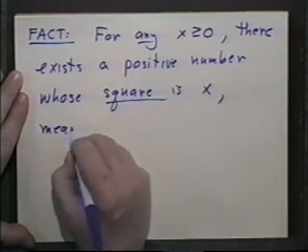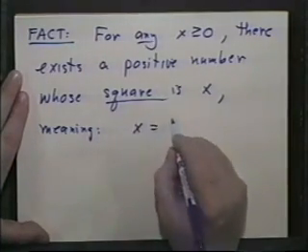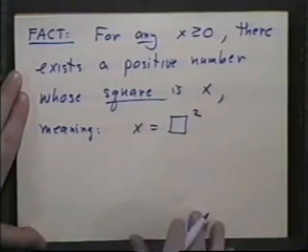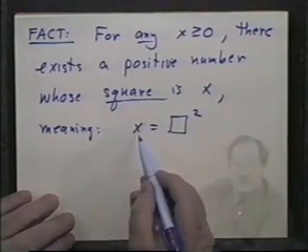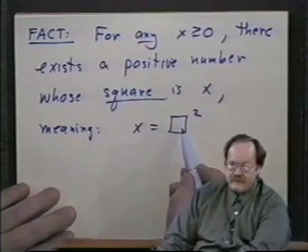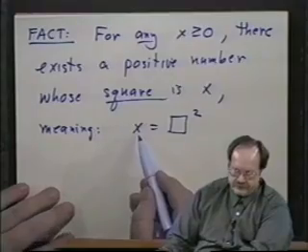Meaning, I'm going to write this out so you know what I'm talking about. Meaning, x is equal to this thing squared. This theorem says that if you give me any number which is 0 or positive, then I can find another number whose square will equal x.